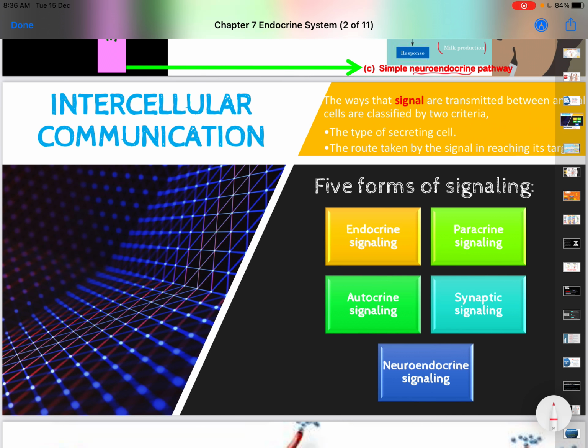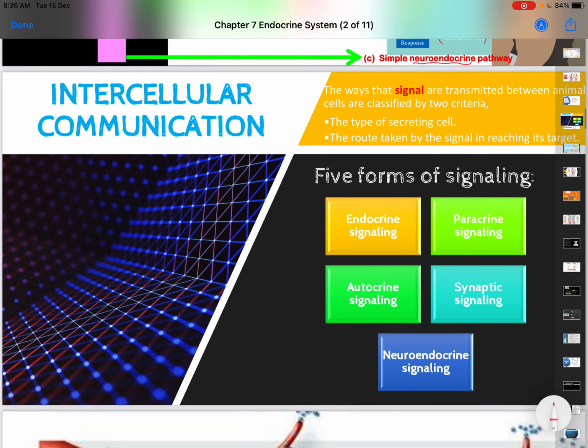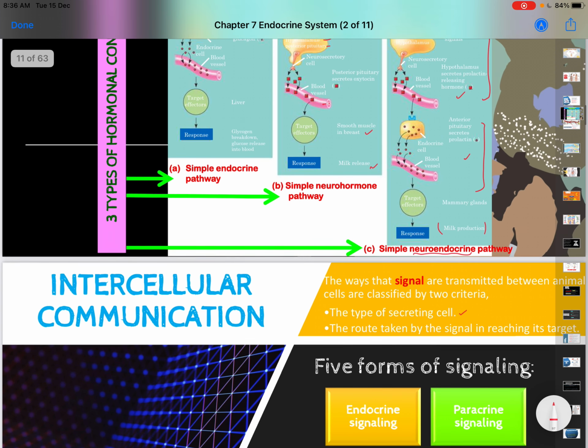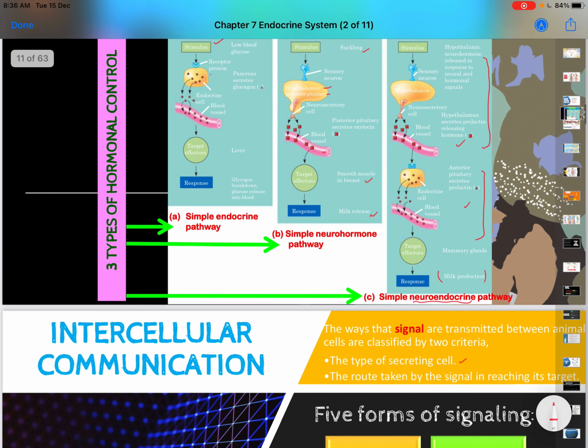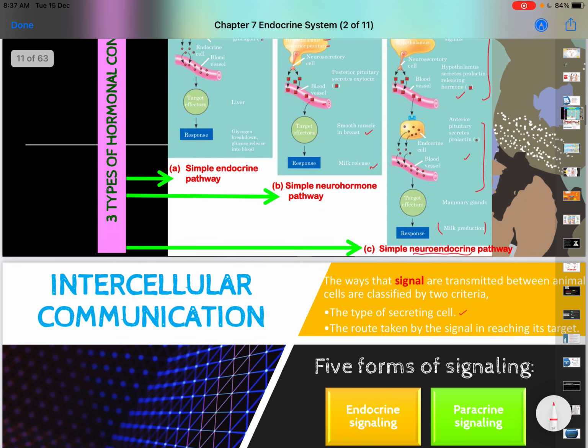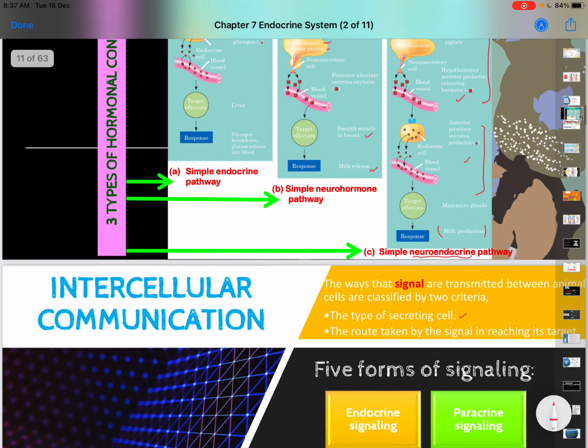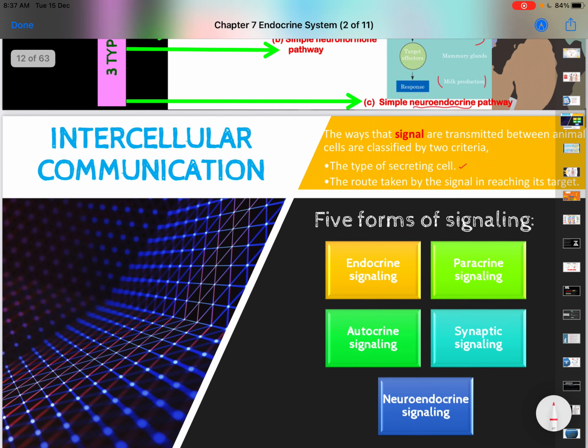Intercellular communication. The ways that signals are transmitted between animal cells are classified by two criteria: the type of secreting cells and the route taken by the signal in reaching its target. Previously, we know there are two types of secreting cells: endocrine cells and neurosecretory cells.